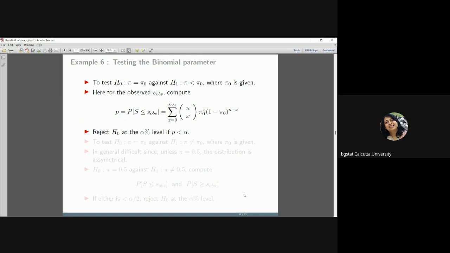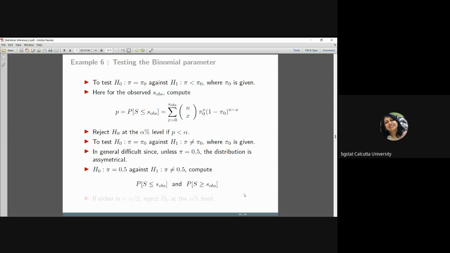Again, using the binomial probability mass function, I can add the terms from 0 to S obs and calculate the p-value. My decision rule is the same as before. I compare the p-value to the level of significance, and I will reject if the p-value is less than the level of significance.